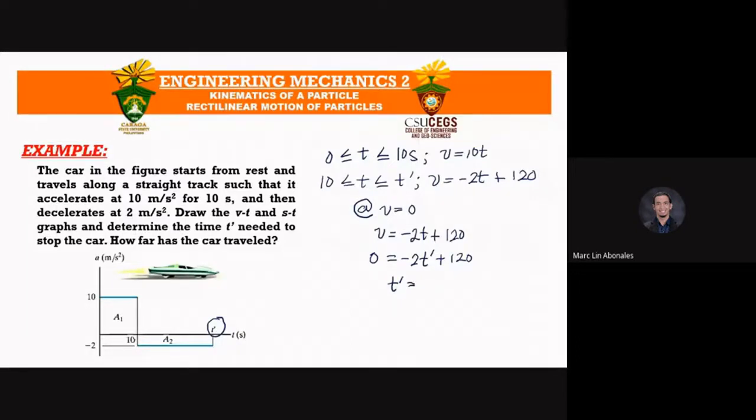So your t prime, or the time needed to stop the car, is 60 seconds. We now have the value of the final time, when our car will stop, represented by the variable t prime, equal to 60 seconds.